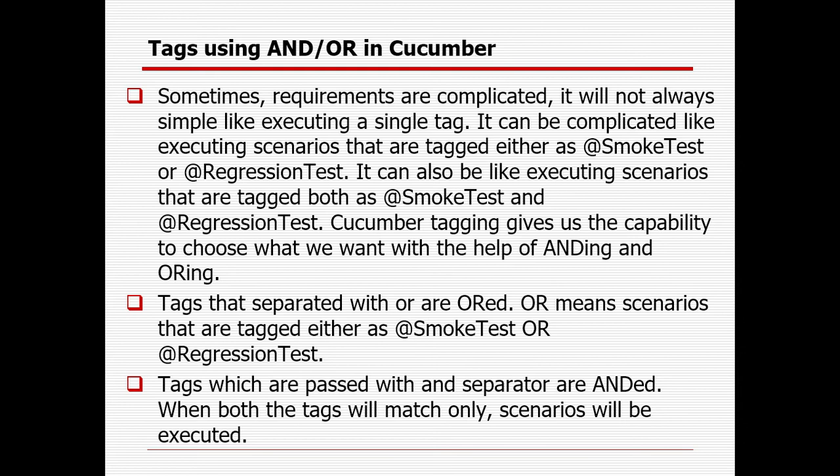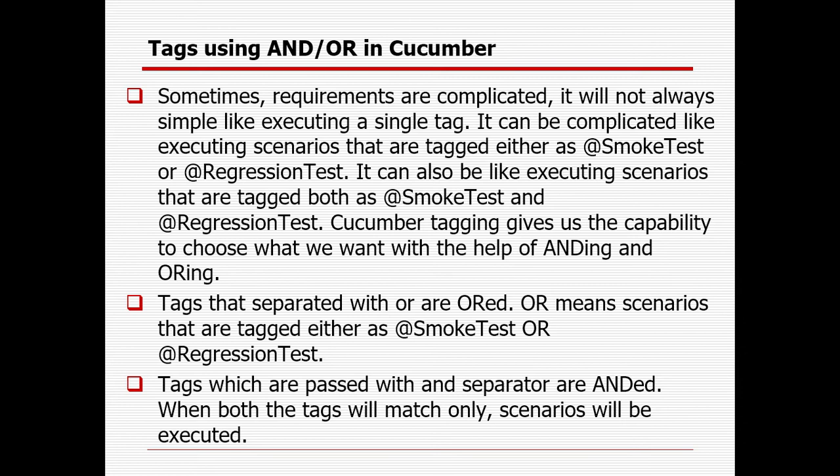It can be complicated, like executing scenarios that are tagged either as smoke test or regression test. It can also be like executing scenarios that are tagged both as smoke test and regression test. Cucumber tagging gives us the capability to choose what the user wants with the help of anding or oring.